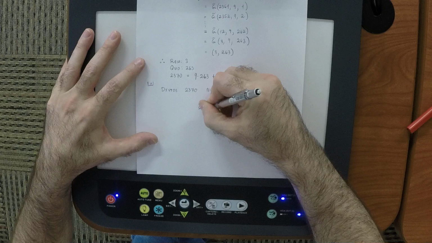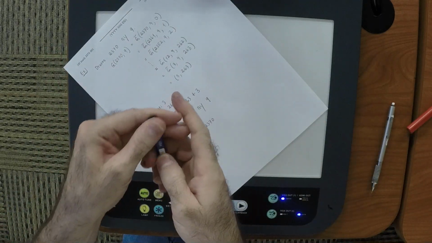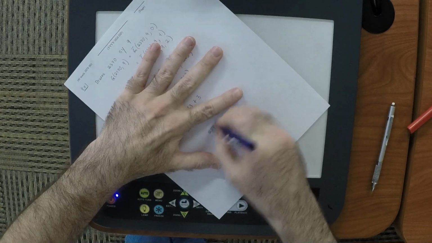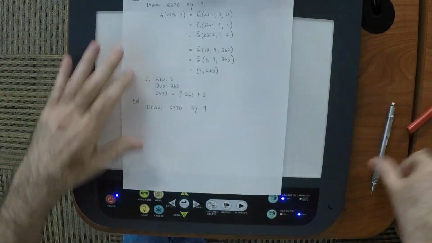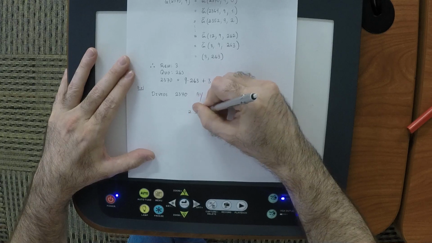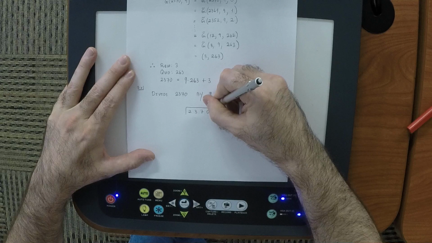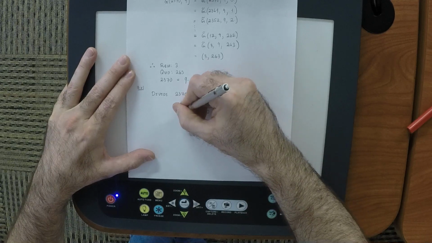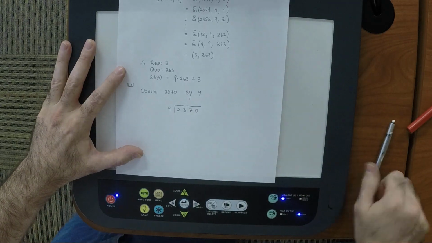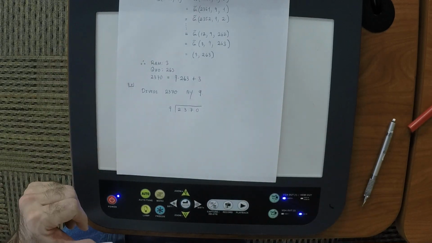You write 2370, and I want to space those numbers out a little bit. 2, 3, 7, 0. So 2370 is in the house, and 9 is outside the house, and 9 wants to come in.